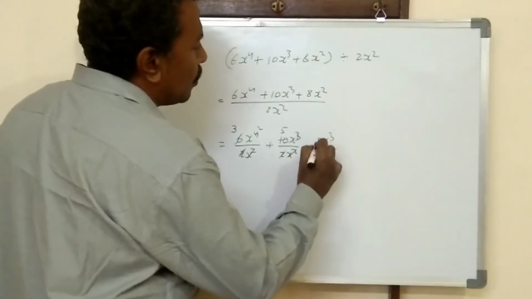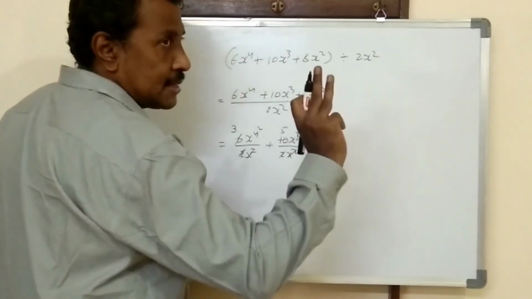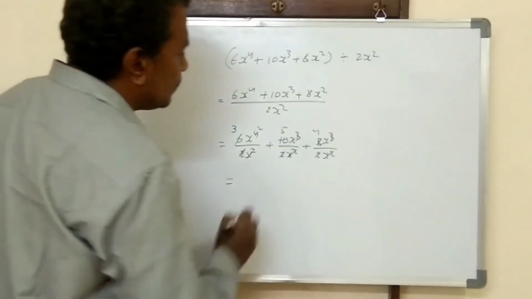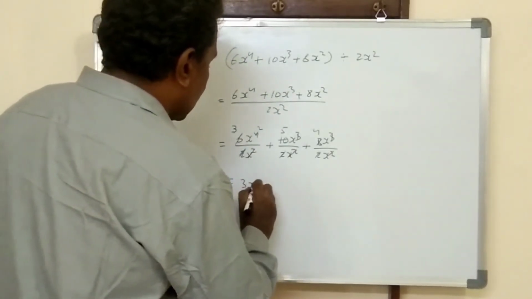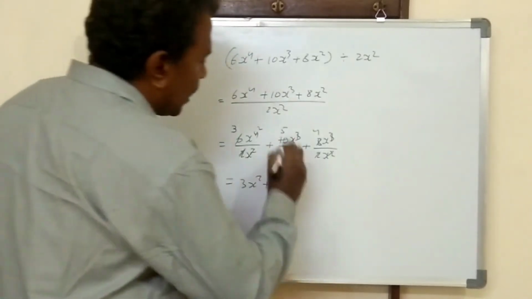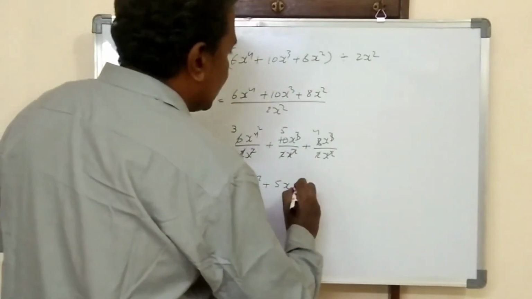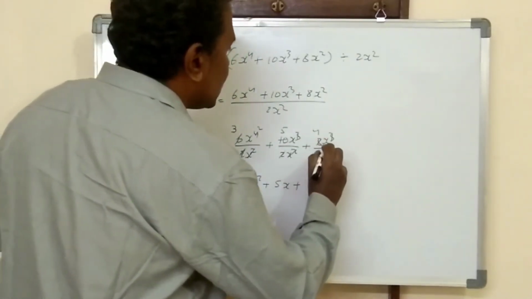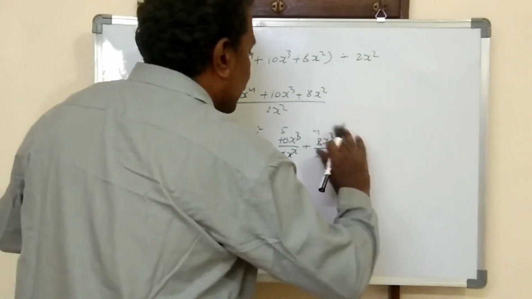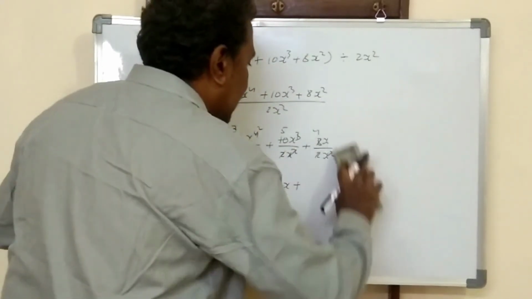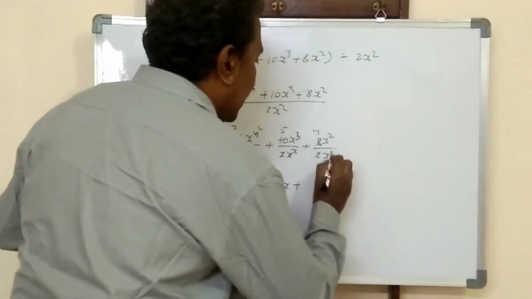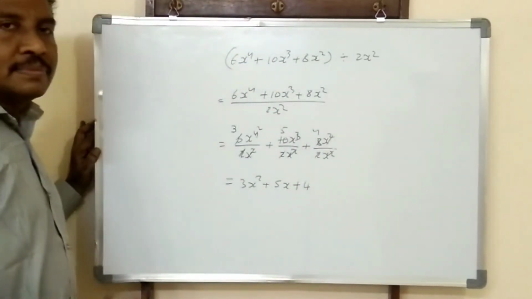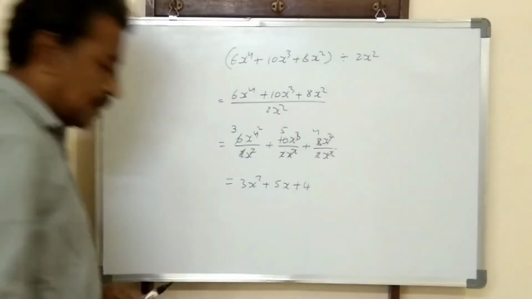Here 2 4s are 8, x square, x square, 2 x's will be cancelled. So what is the answer here? 3x square plus 5x plus 4. I made a mistake earlier: this is x square, and x square will be cancelled, so the last term is 4. So this is the answer.